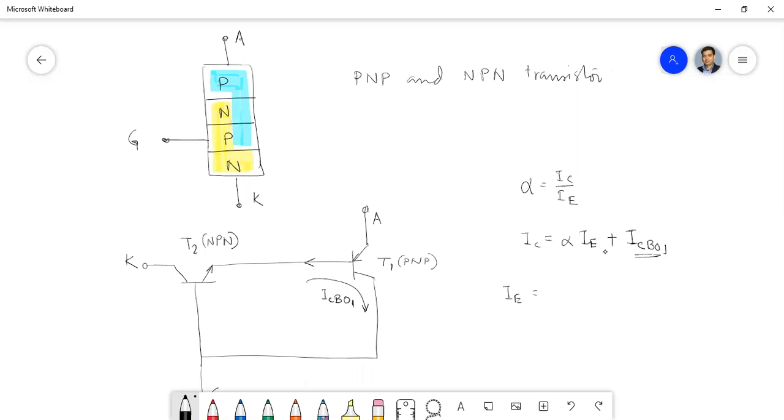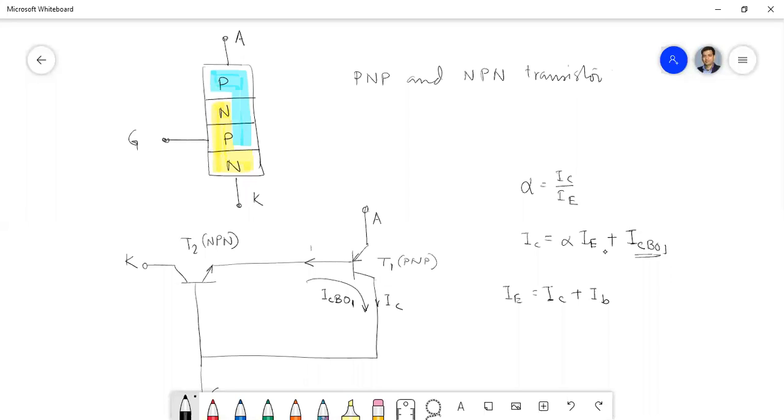For the PNP transistor, we can write IE equals IC plus IB.